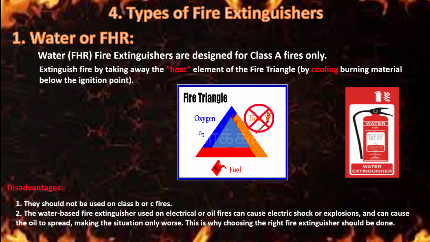So this is why choosing the right fire extinguisher matters. Understand now, right? Why the classification of fire and the classification of fire extinguishers. If we use the wrong fire extinguisher for the wrong type of fire fuel, the situation will become worse.